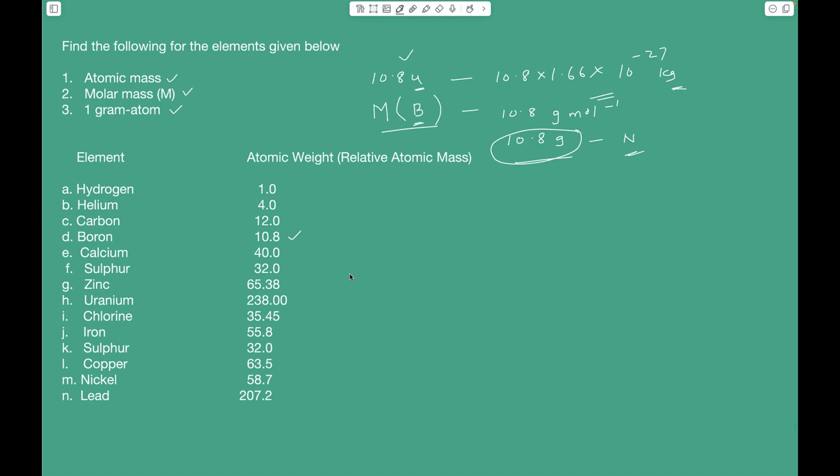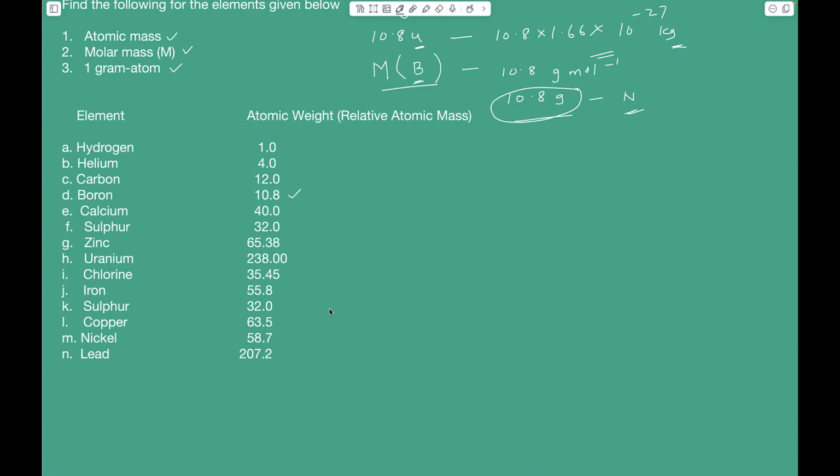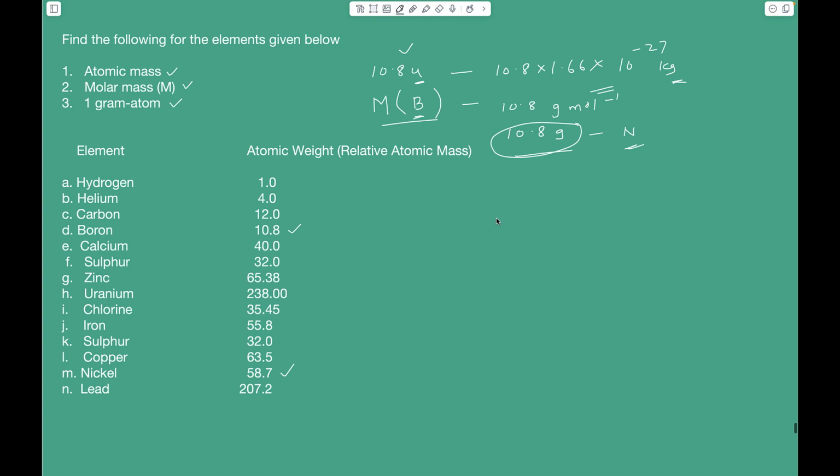Now let us take another example, say nickel. Its atomic weight or relative atomic mass is approximately 58.7. Then what will be the atomic mass of nickel? It is 58.7 U. And in kilograms it would be 58.7 times 1.66 times 10 to the power of minus 27 kilograms.